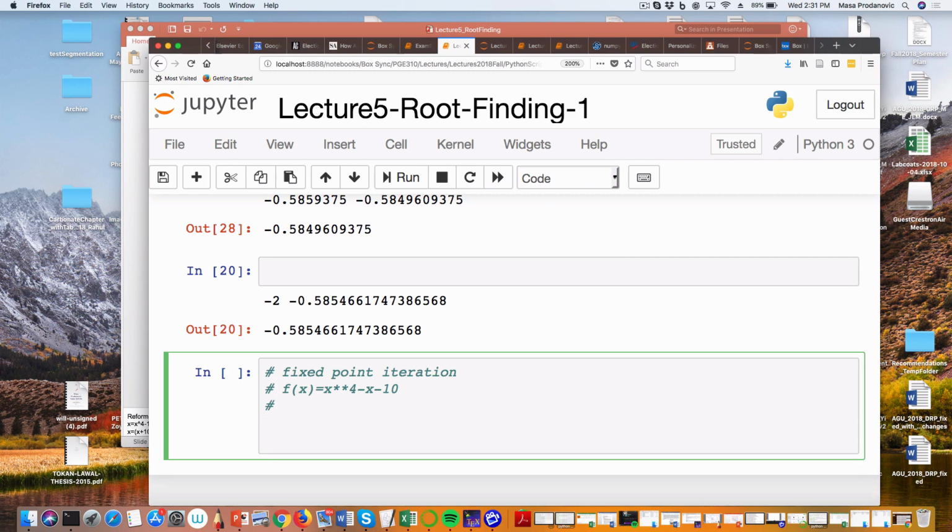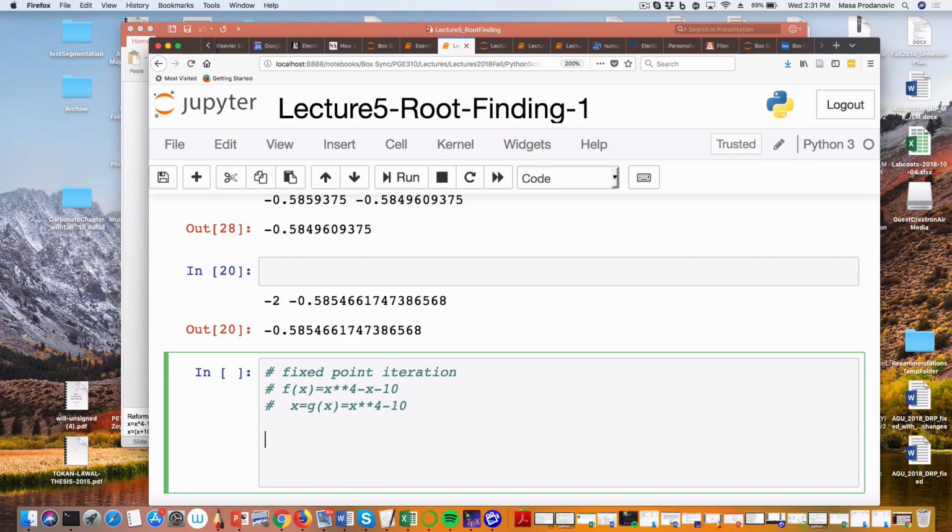So trying out x equal to g of x, which one is x to the 4 minus 10. So what is my iteration? My starting point, let's say that I start with 0. What is my next one? I'm going to call it x1. What is my next iteration?